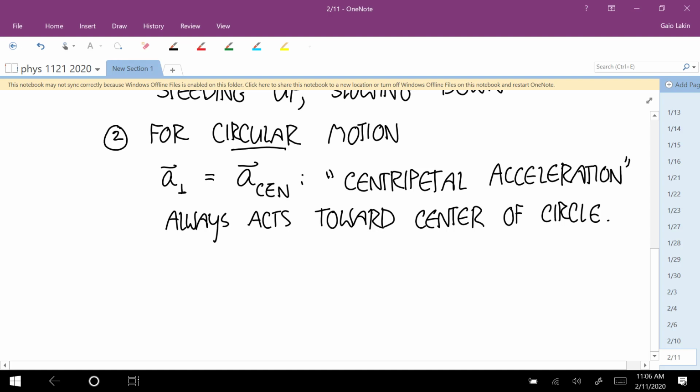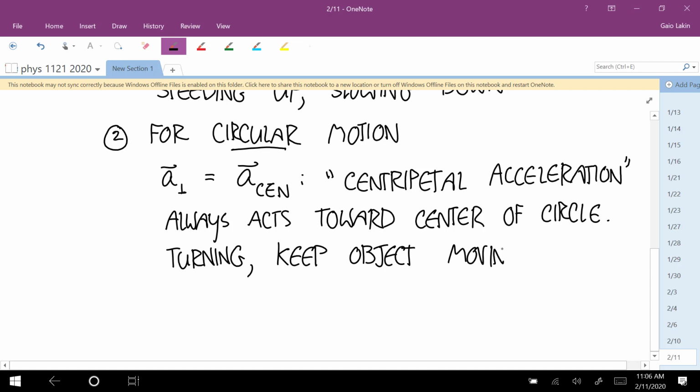And this has to do with turning, and the turning that we're talking about in this case has to do with keeping the object moving along that circular path.